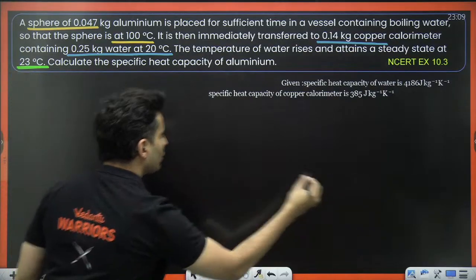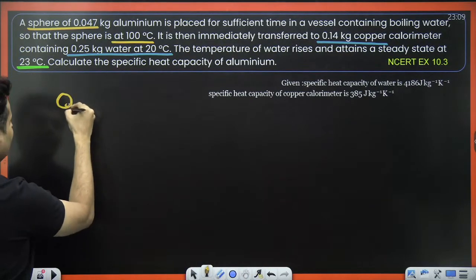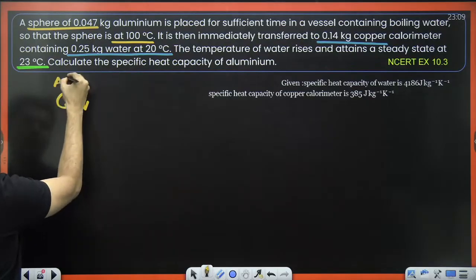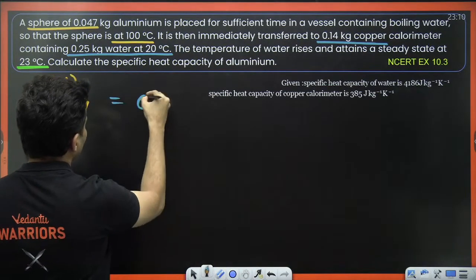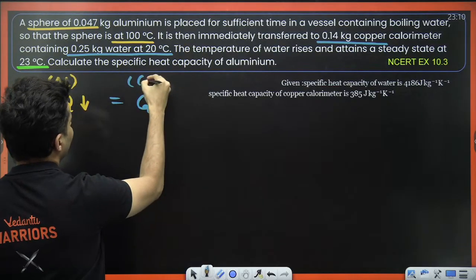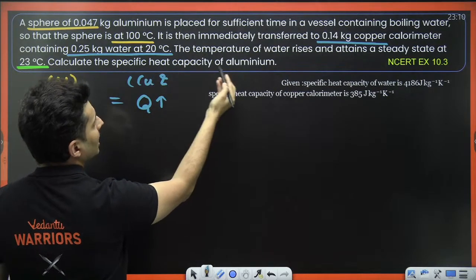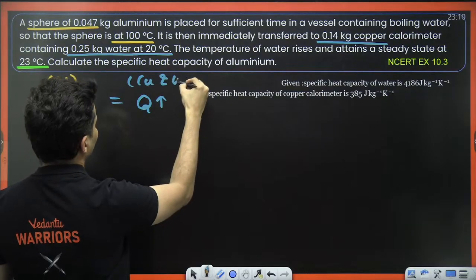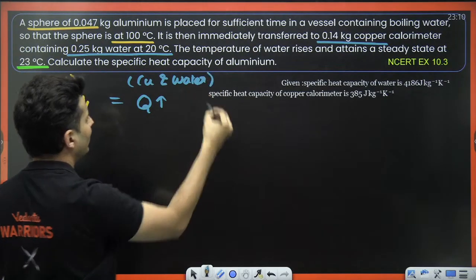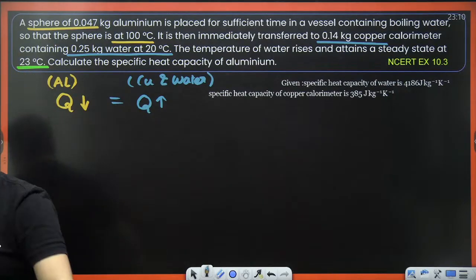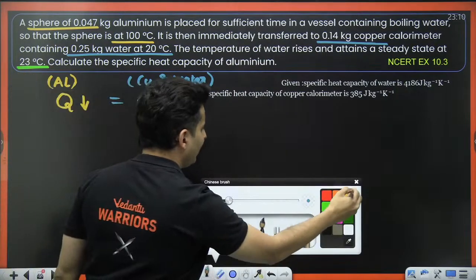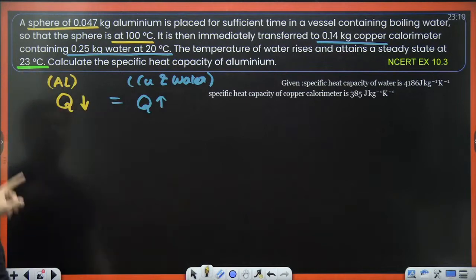That's all. So I will just say that the heat which is lost by aluminium will be equal to the heat which is gained by that copper and water. That's all. This is the calorimetry equation. Nothing more is required. So what is the heat lost by aluminium?